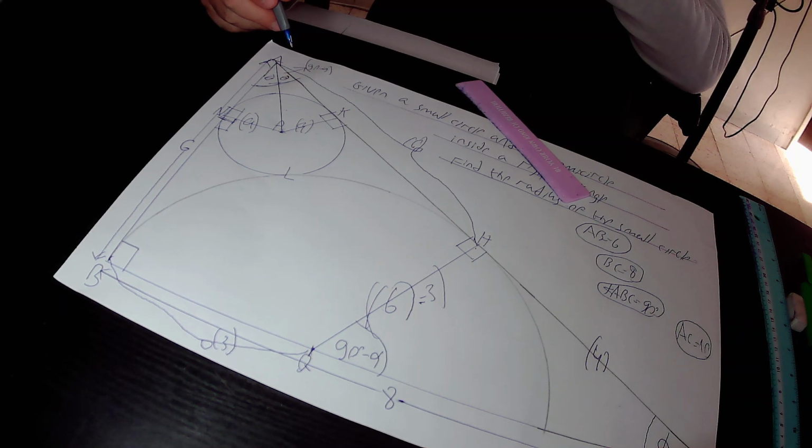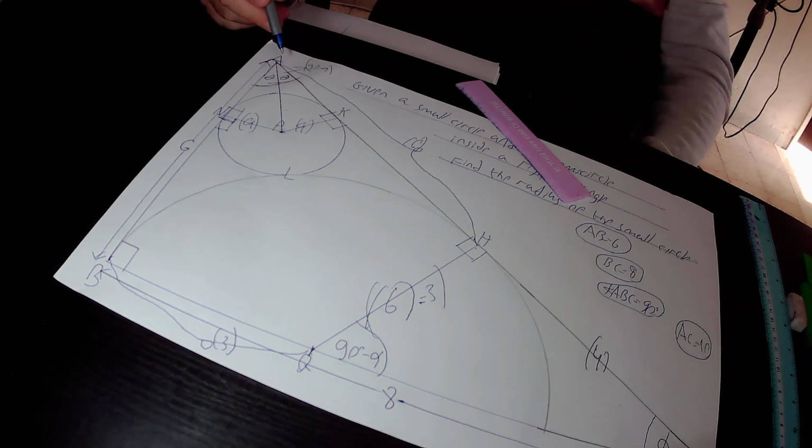Again, on rule 15, by drawing from the point A tangent AN and tangent AK, we created this angle A. And according to rule 15, the angle bisector of this angle A must pass through point P, that is the center of this small circle.